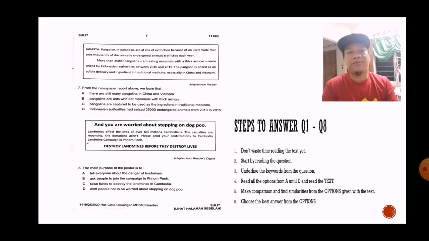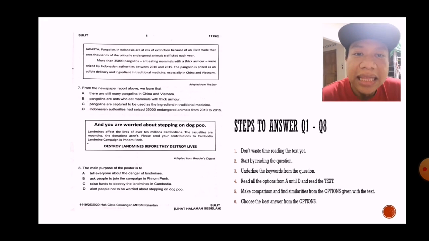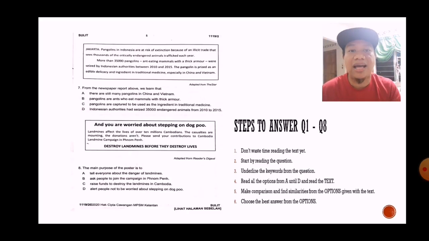The same steps. Okay, let us read the question. The main purpose of the poster is to, what is the keyword there? The keyword is the main purpose. Tujuan utama poster. Option A: Tell everyone about the danger of landmines. What is landmines? Landmine is periuk api, that is buried inside the land.